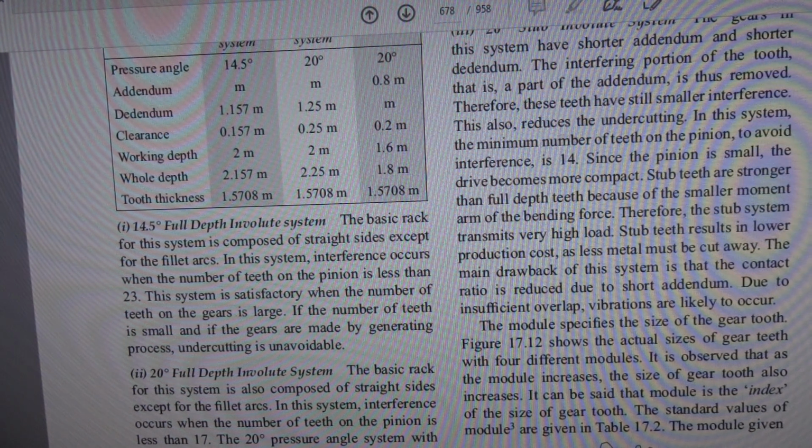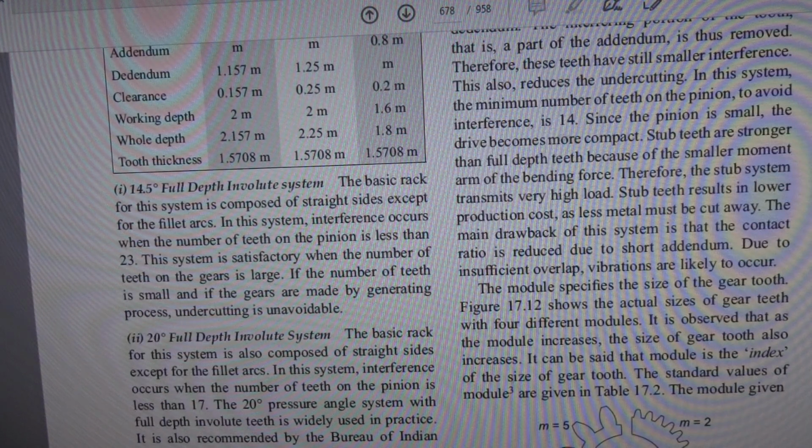Increasing pressure angle improves the tooth strength, but shortens the duration of contact. Decreasing pressure angle requires more teeth on the pinion to avoid undercutting. The 20 degree pressure angle is a good compromise for most power transmission as well as precision gearboxes.